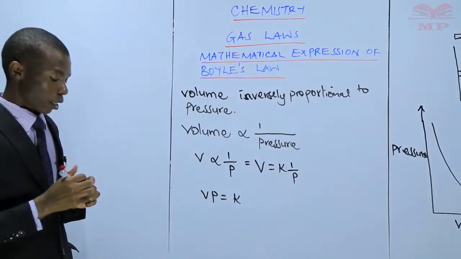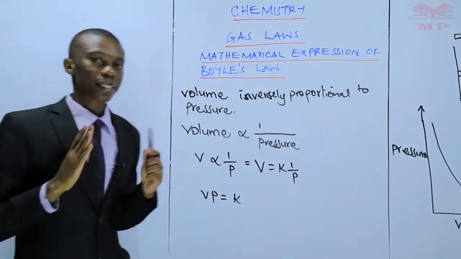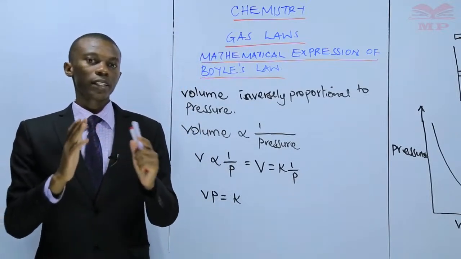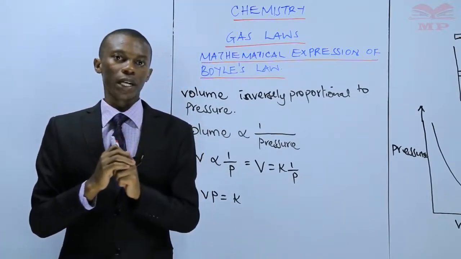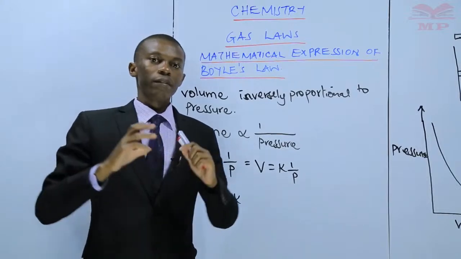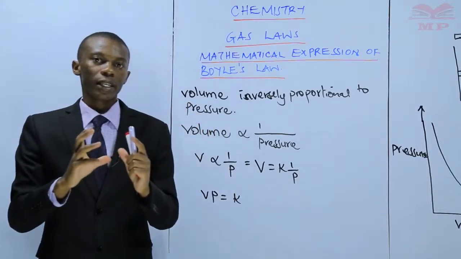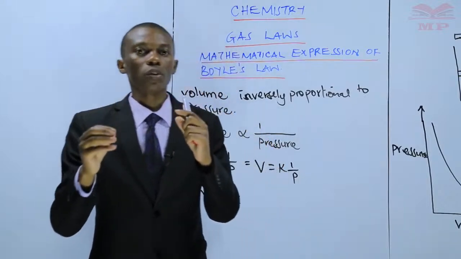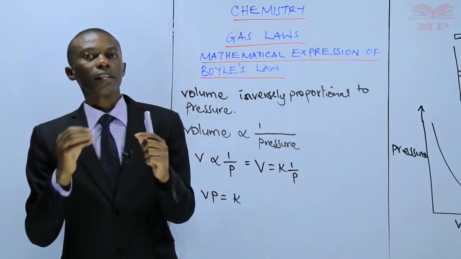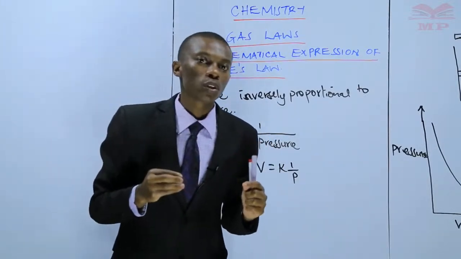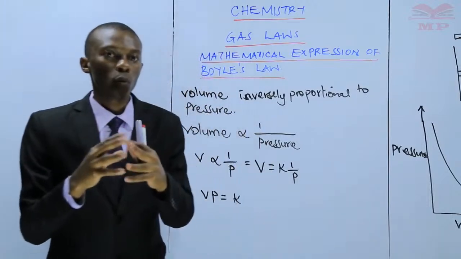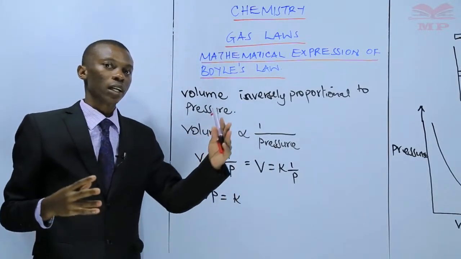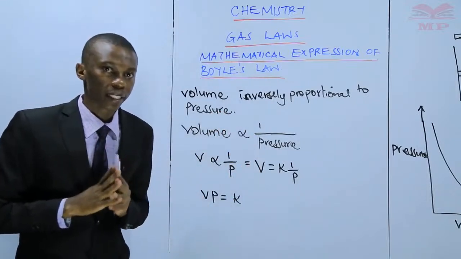Therefore, if you have a certain volume of a gas, this volume is having some pressure, because the particles of a gas are in a continuous state of motion, so they are colliding with one another and also with the walls of the container or vessel where the gas is.